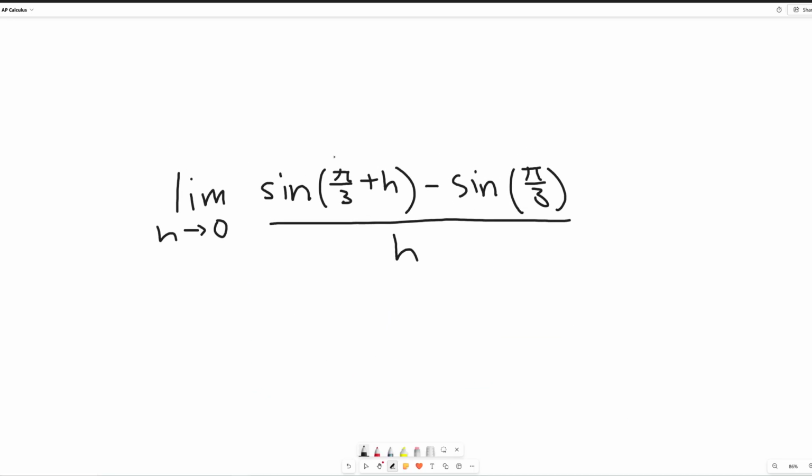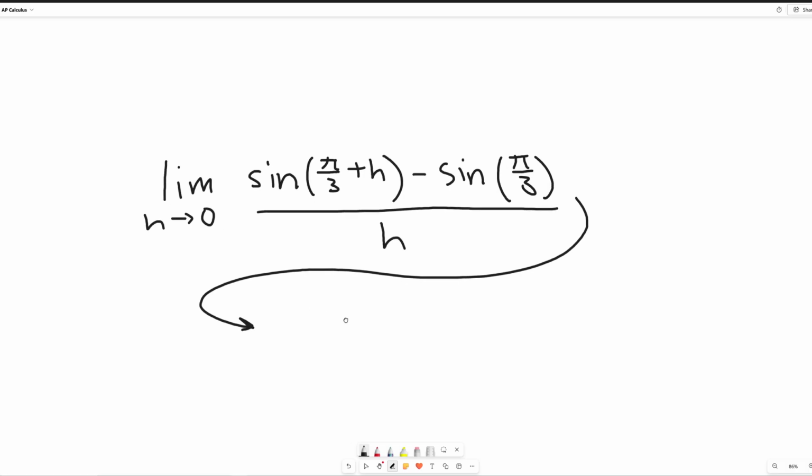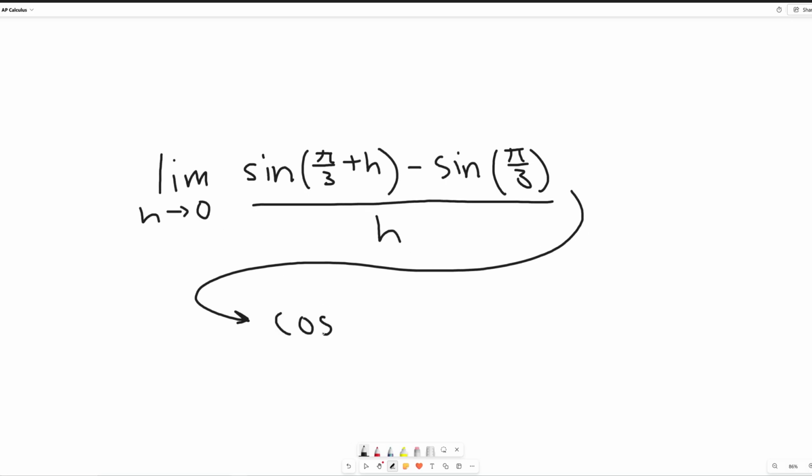Now, since I added a pi over 3, you should first be thinking, this is the derivative of sine, and then you should be like, this is the derivative of sine at pi over 3. So what is the derivative of sine? Cosine of pi over 3, which is just going to be 1/2. Got to know your unit circle.